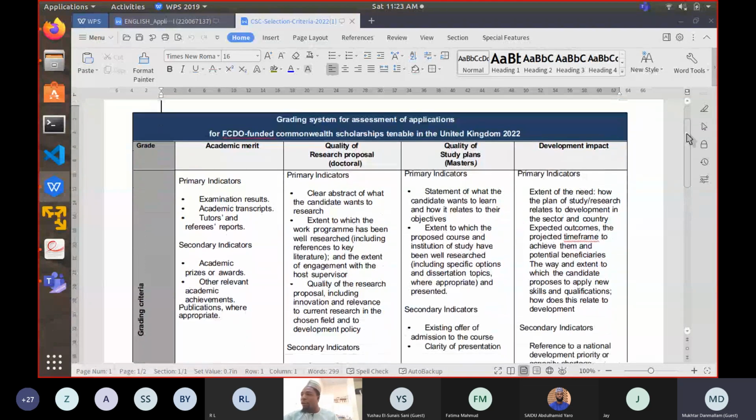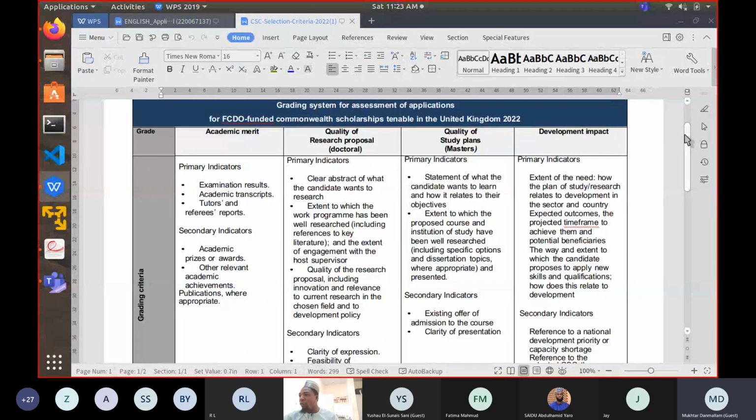And then for the master's, which is not based on the scholarship, they look at the personal statement. A personal statement is how you express yourself about the course that you want to study and the relationship with the theme that you have chosen.